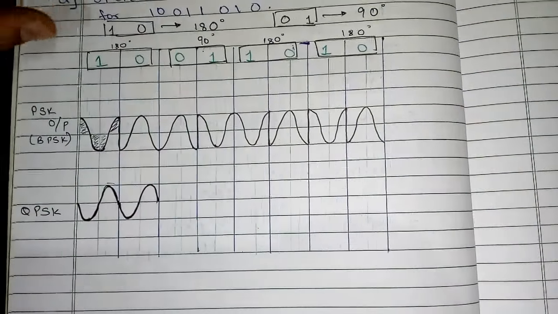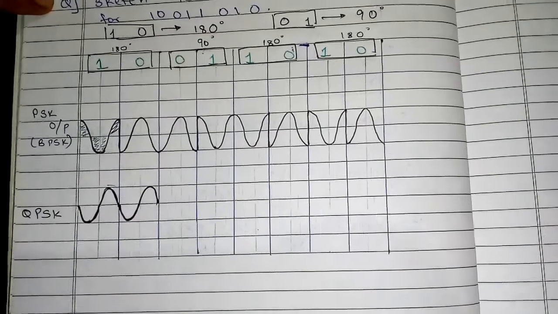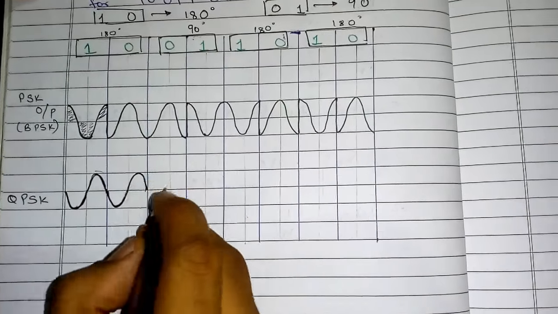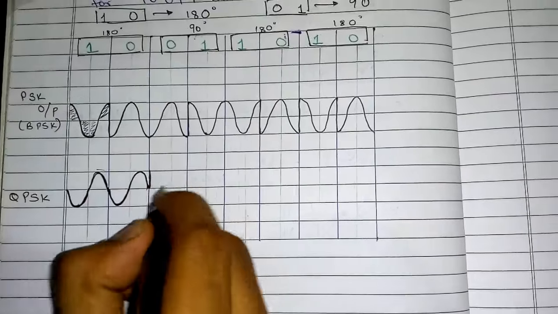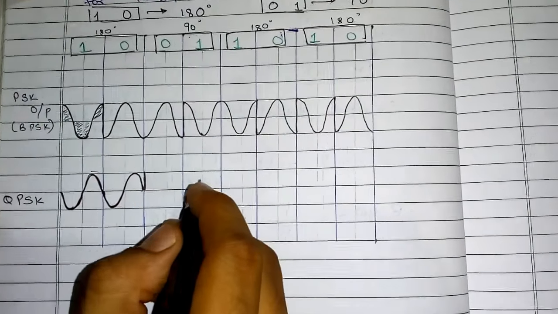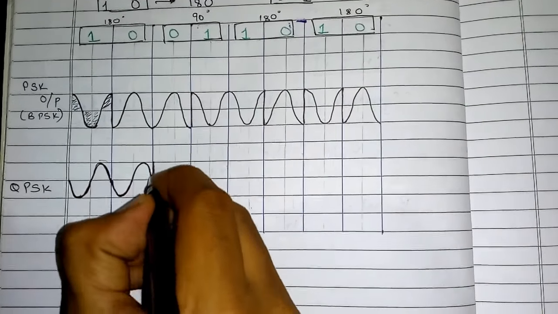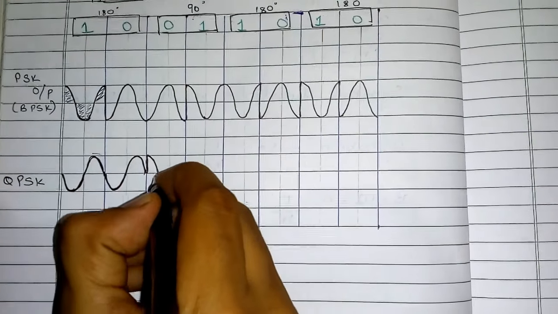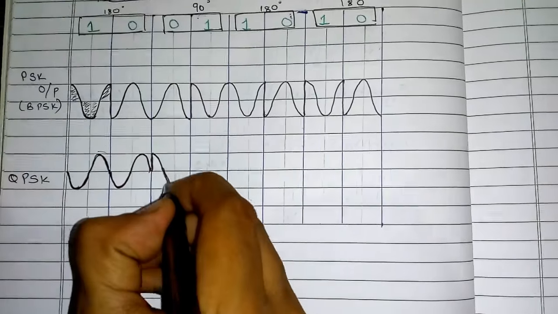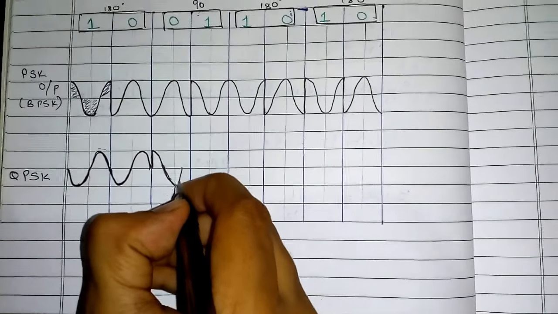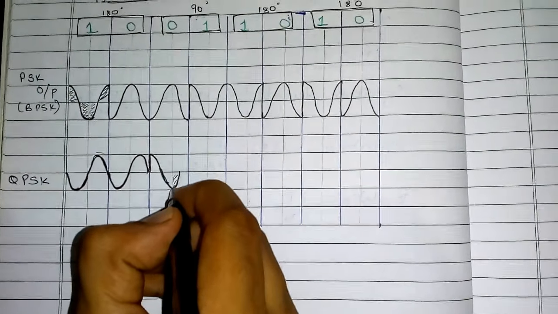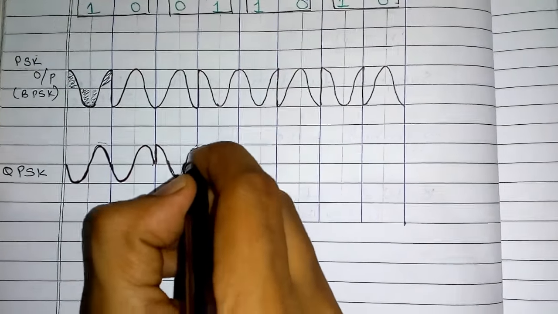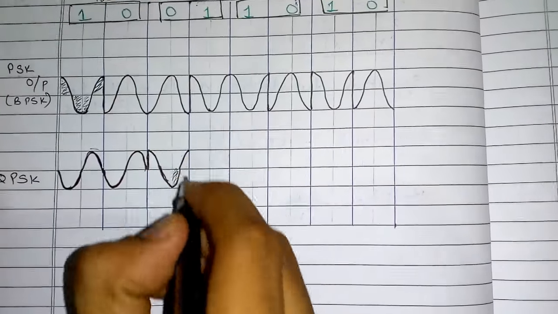Now 0, 1, 0, 1 together are 90 degrees. So what will happen now is they will just cover 90 degrees. They will start from this part, then cover 90 degrees up, 90 degrees down, then again 90 degrees up, halfway, that is why 90 degrees, then 90 degrees up.